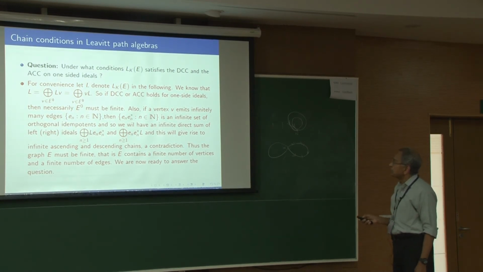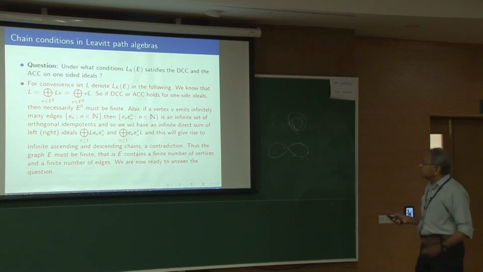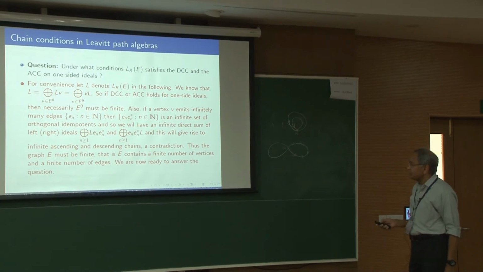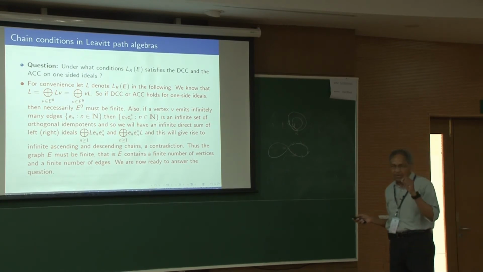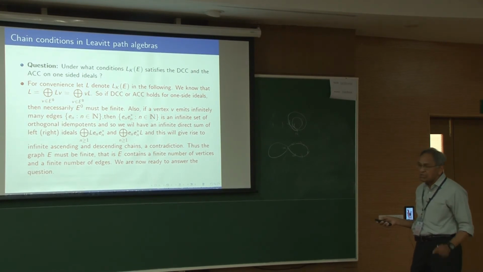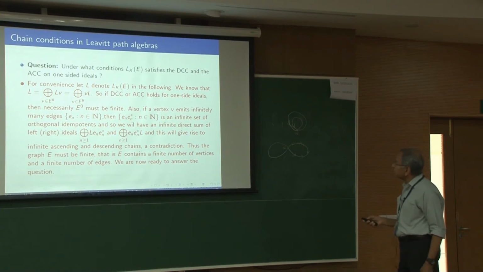Not only that, if a vertex v emits infinitely many edges, let's say e_n for various positive integers n, then this set e_n e_n* is always idempotent. Just in case you are not sure, just think about it. e_n* followed by e_n*, you see, is again e_n*. It's an idempotent. And these are orthogonal. They kill each other.